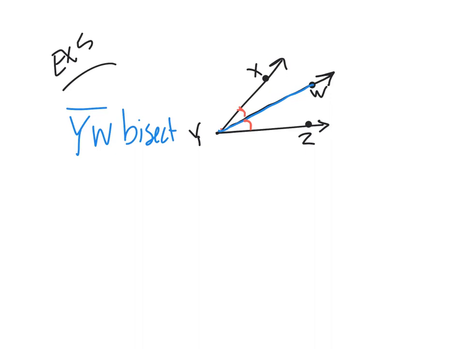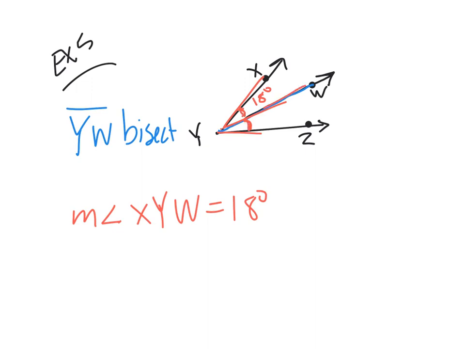So for instance, if they were to tell me, in example 3, they tell you that the measure of angle XYW is 18 degrees. Well, XYW is this little angle right here. So we know that in here it's 18 degrees. So what does that mean this other side is, the WYZ?